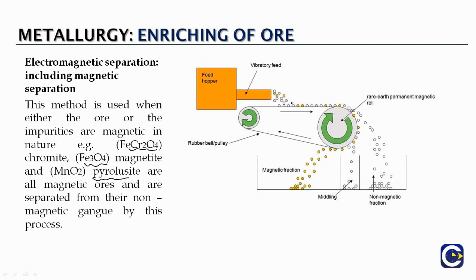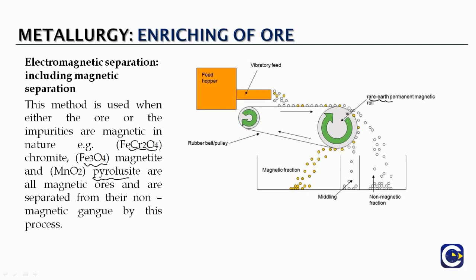ore and gangue particles onto a conveyor belt, and the conveyor belt will be rolling over a wheel which is made up of either a permanent magnetic substance like the rare earth metals, or even here in the current age they are using electromagnets.